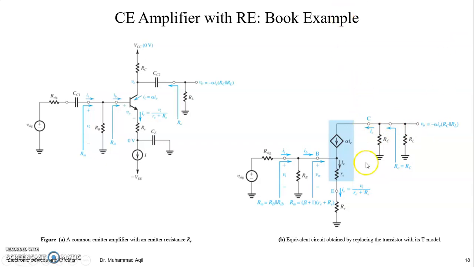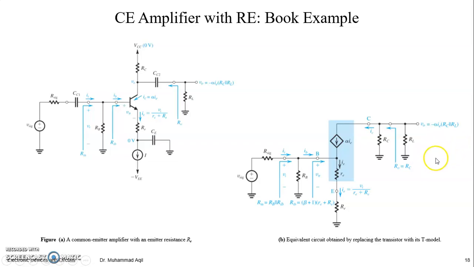Same way as we did. Or it is better to find V pi or VBE and use the same relation as I did, instead of this one. What would be the output relation? V out is equal to, with RL, I am telling you with RL, V out is equal to minus gm VBE times RC parallel to RL, right?